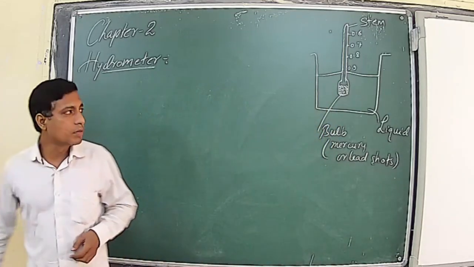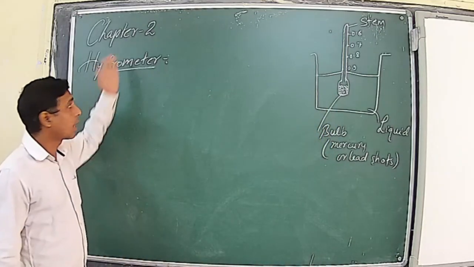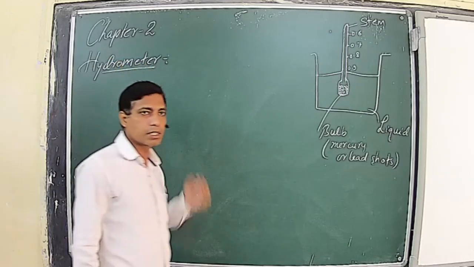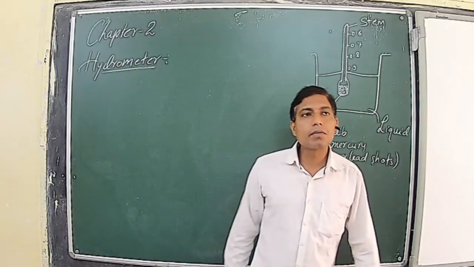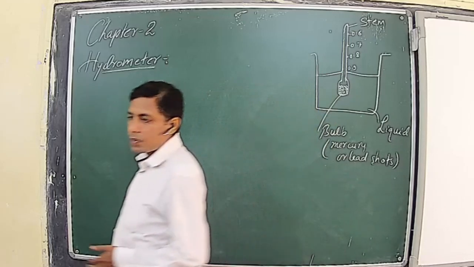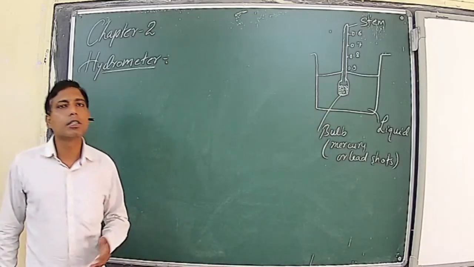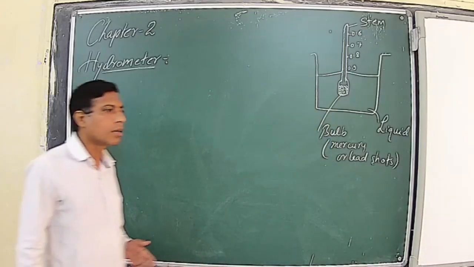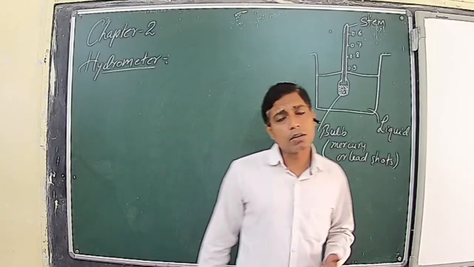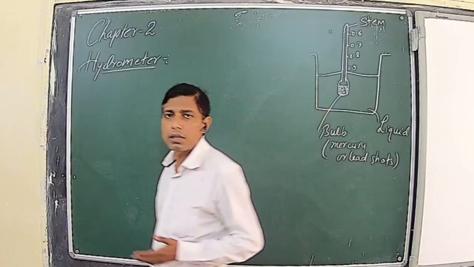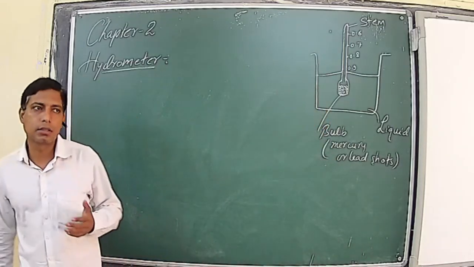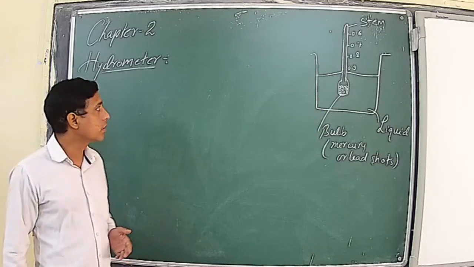In the previous video, we were discussing our chapter 2, physical quantities and measurement. In this chapter, we have learned about density, how to measure the density of a solid, and how to measure the density of irregular shaped solids by various methods like the displacement method and the eureka can or overflow jar method.